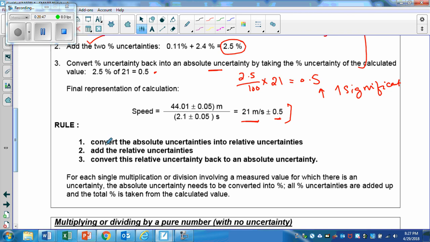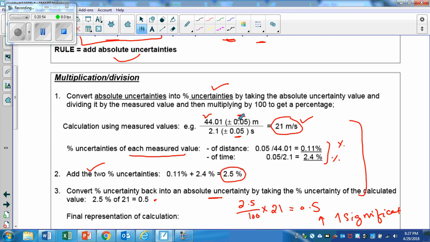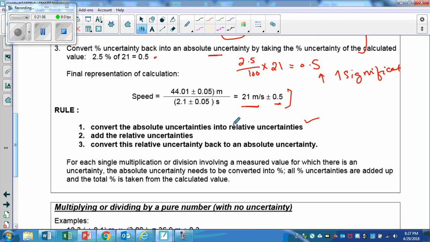So the rules are to convert the absolute uncertainty into a relative uncertainty. Once again, how? I will take my uncertainty, divide by the value, multiplied by 100, and then I add them together. So convert the absolute uncertainties into relative uncertainties, then add the relative uncertainties, and then convert this back into the absolute uncertainty.